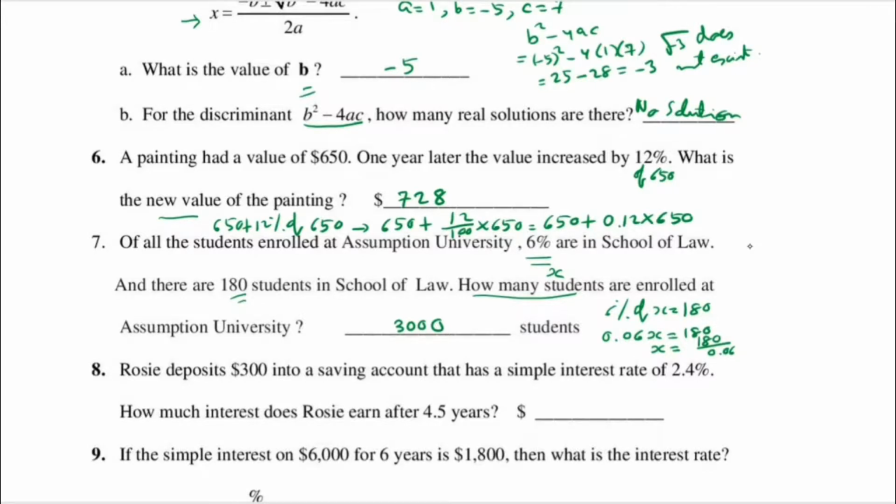8. Rosie deposits 300 into a saving account that has a simple interest rate. So if you see simple interest, you think of the equation I is PRT. 300 is P, principal, R is 2.4%. 2.4% is 2.4 by 100, 0.024.